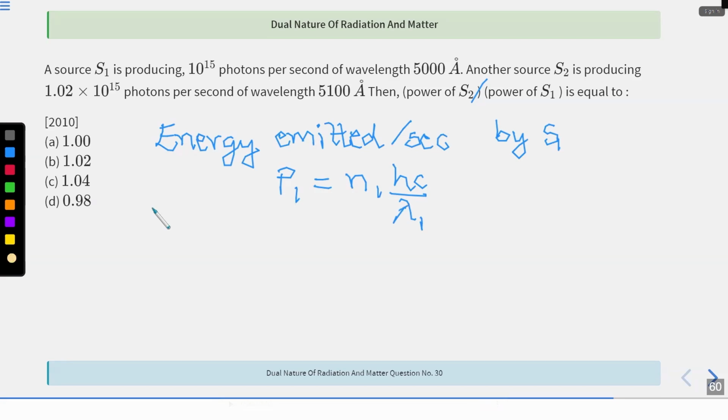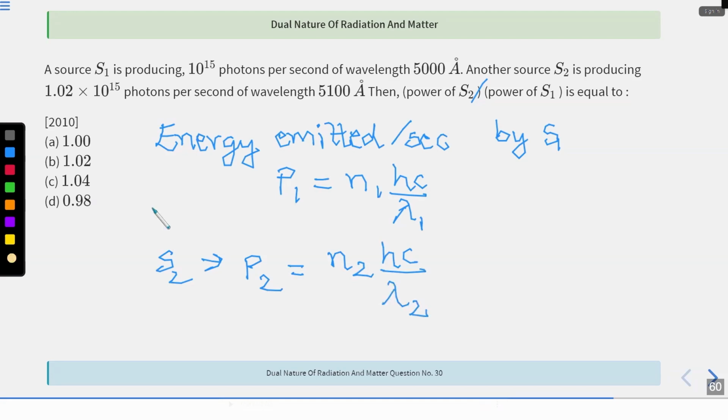Similarly I'll write for S2, let's call this P2. This is the energy emitted per second by the source S2. So that is nothing but N2 hc by lambda 2.